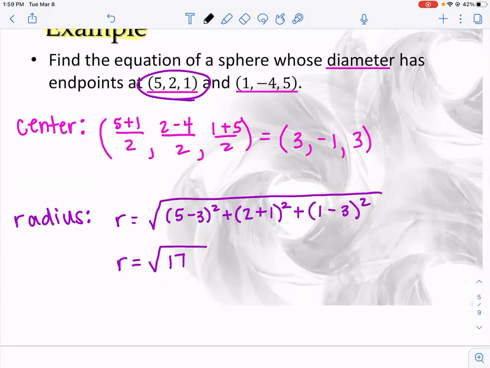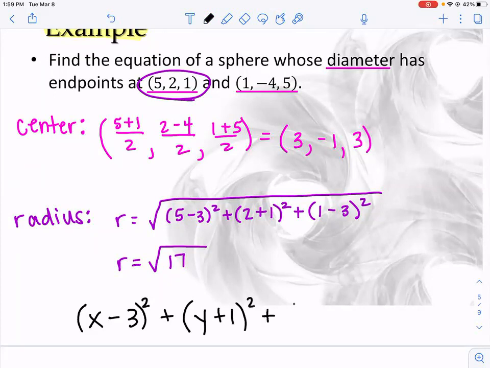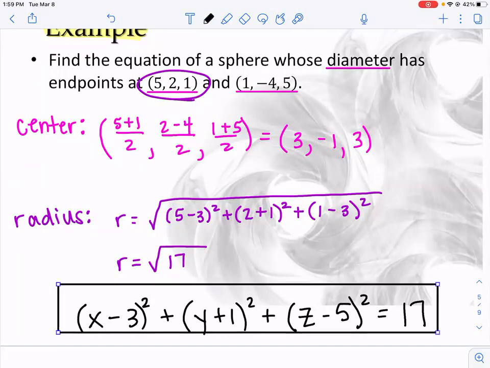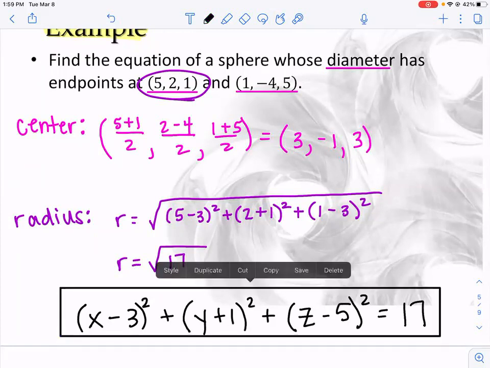So our equation would be... What? Do you not agree? So since our radius is the square root of 17, radius squared is going to be 17. So I have that written down.